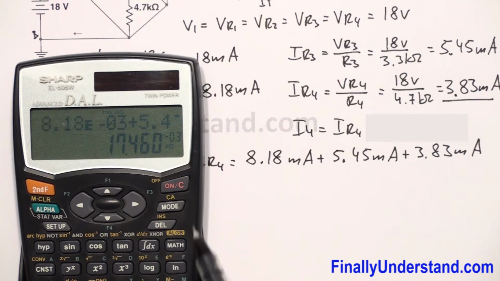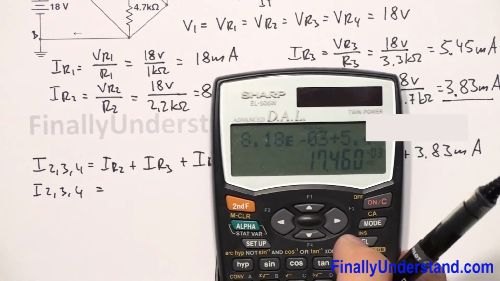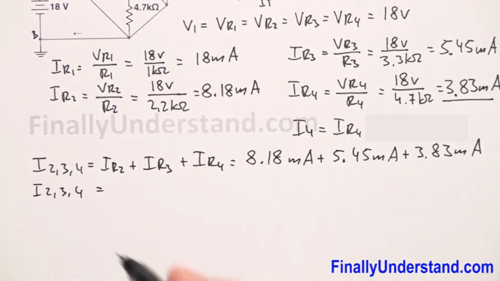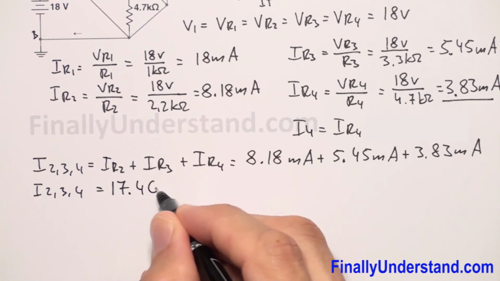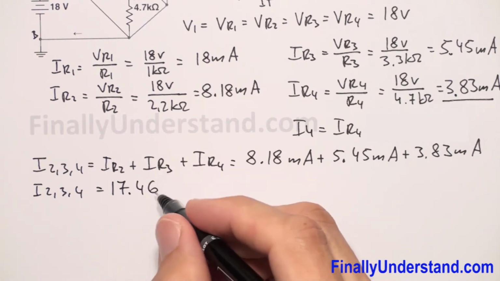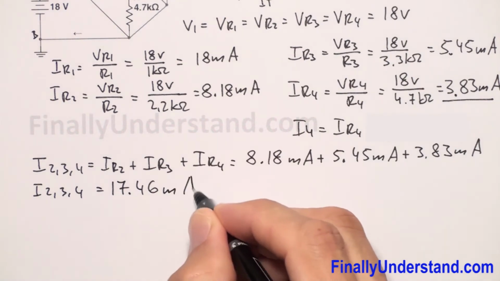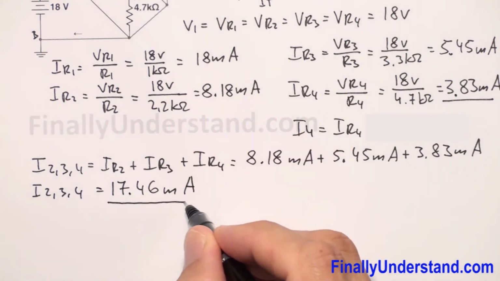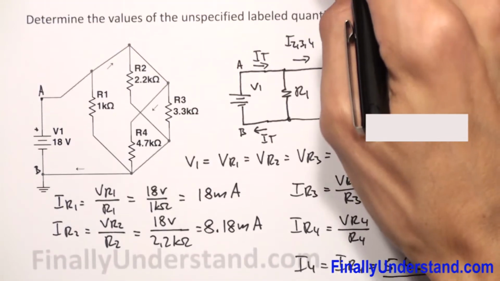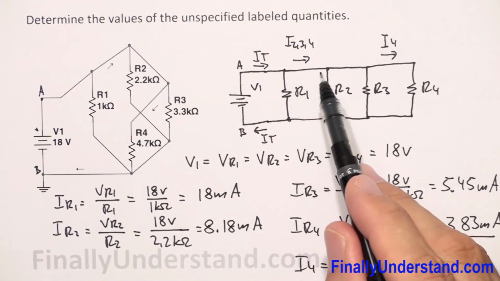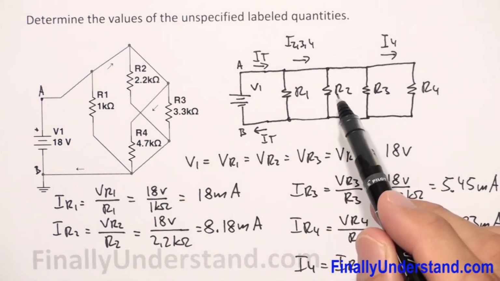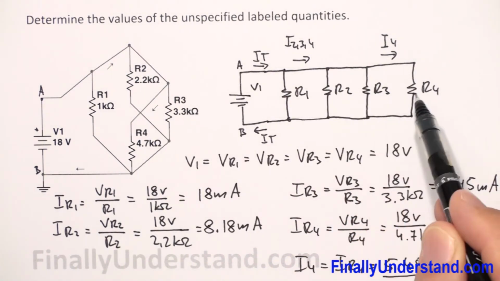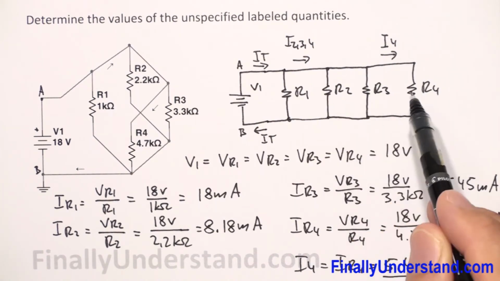This is equal to 17.46 milliamps. Okay, so this is my current which will go through this connection. Okay, so this is the current, which is simply the sum of currents which go through these three resistors.